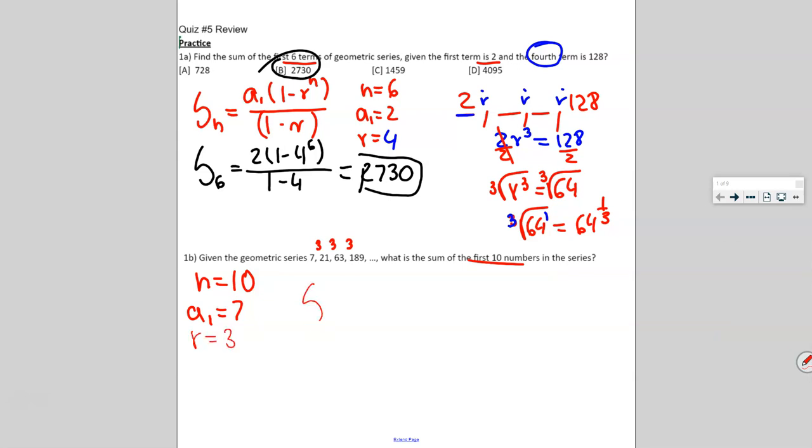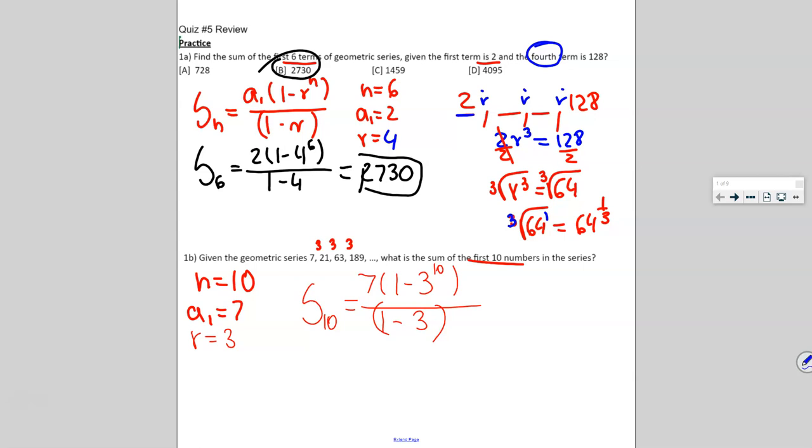Now again, plugging it into our sum. We are doing sum sub n, which is 10, equals our first term, which is 7, times 1 minus our ratio 3, raised to the nth power, which is 10, and all this over 1 minus your ratio, which is 3 again.